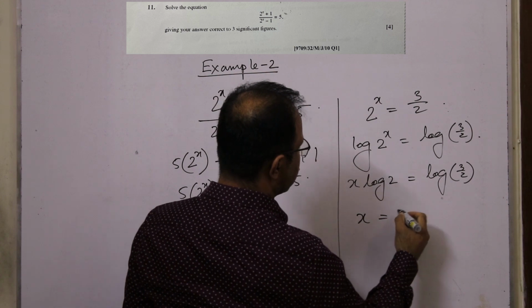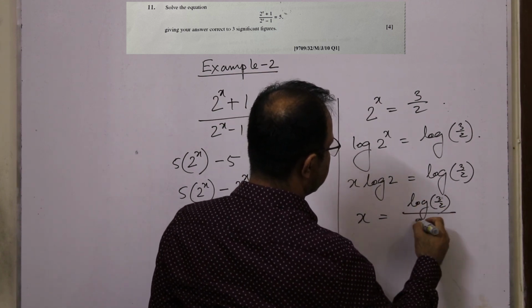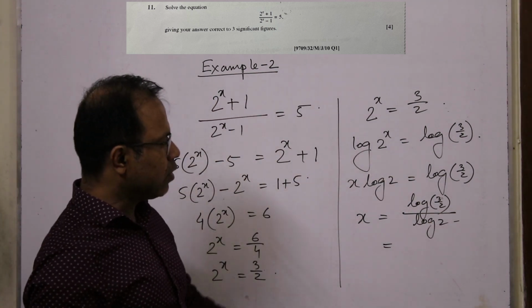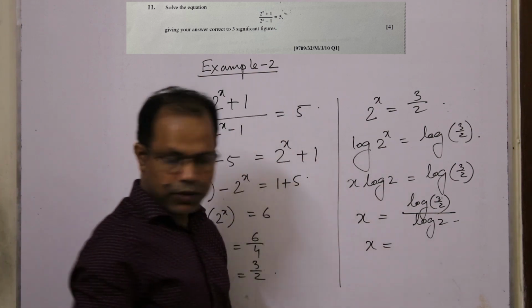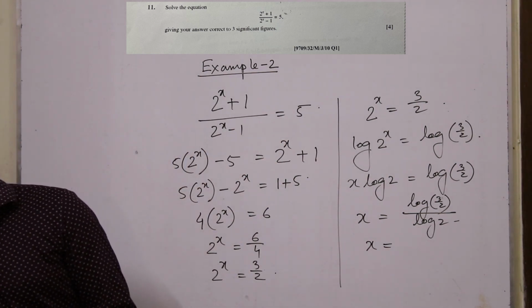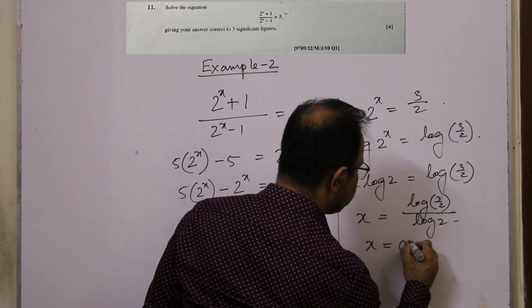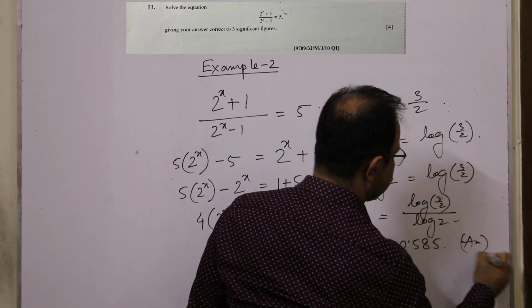Then x equals log of 3 over 2 divided by log 2. By using a calculator, we find the value of x equals 0.585. This is the answer.